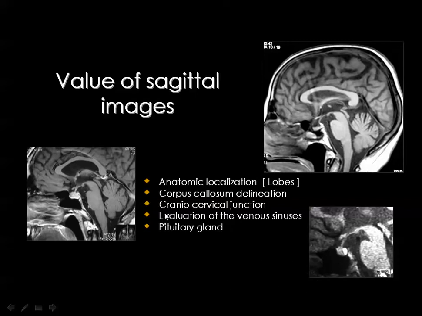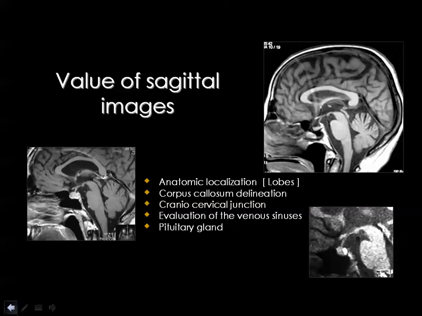Then assessment of the craniocervical junction: lesions near or at the foramen magnum, lesions coming from intracranial into the upper part of the cervical canal, or the opposite direction, are easily identified in these sagittal images, like the Chiari malformation. And we'll discuss this in the lecture of hydrocephalus.